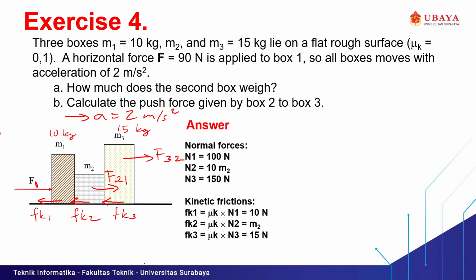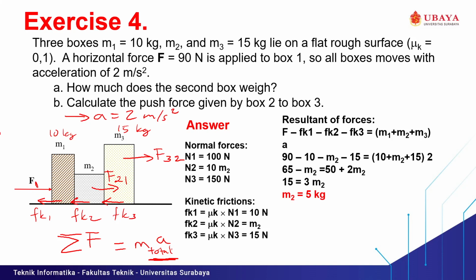Now we must take a look at the sum of the forces in the whole system. We will observe the whole system, and because it moves, we can also observe the mass times acceleration. But in this case, because we have three boxes, we must calculate the sum of the masses as well.